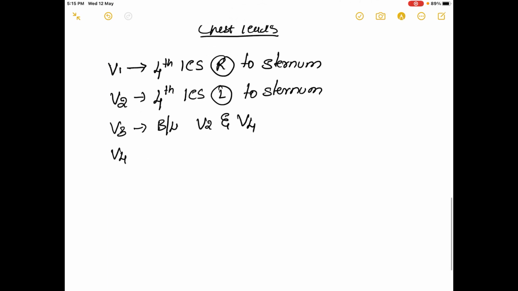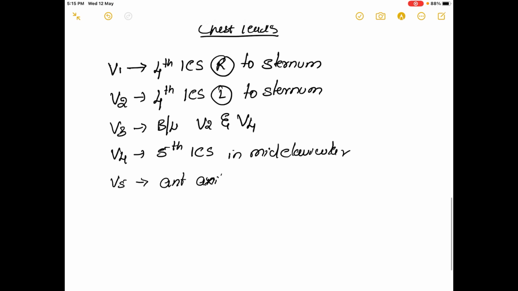The 4th chest lead is connected at the 5th intercostal space in the mid clavicular line. The 5th lead is connected in the anterior axillary line, and the 6th lead in the mid axillary line.